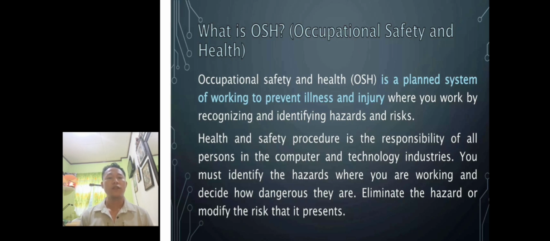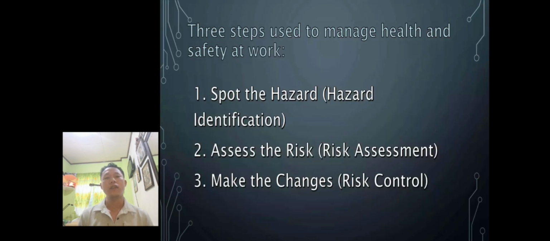You must identify the hazard where you are working and decide how dangerous they are. Then we need to eliminate those hazards or modify the rest that is present. So there are three steps used to manage health and safety at work.